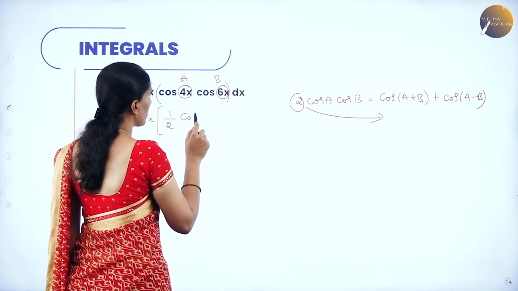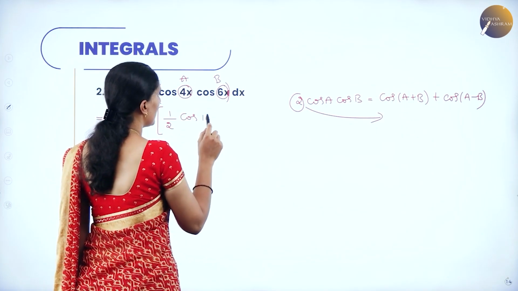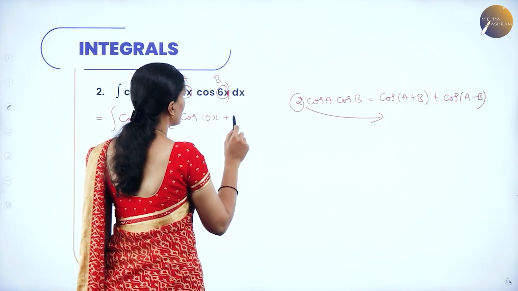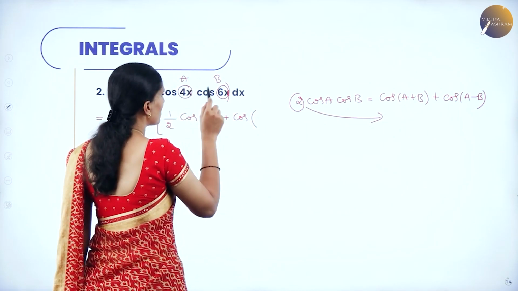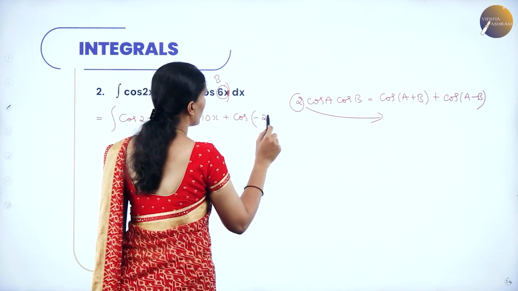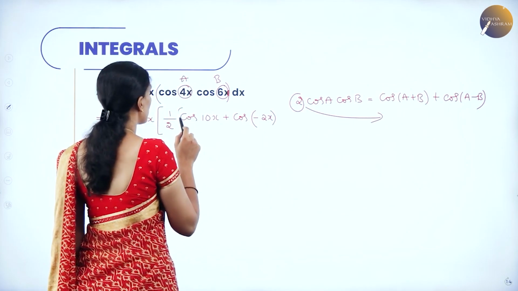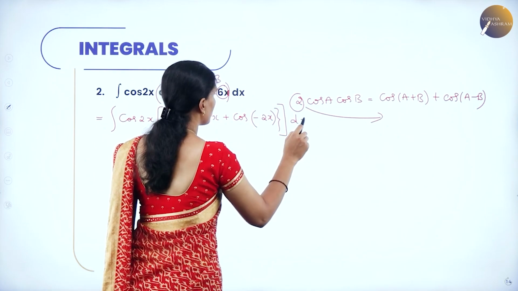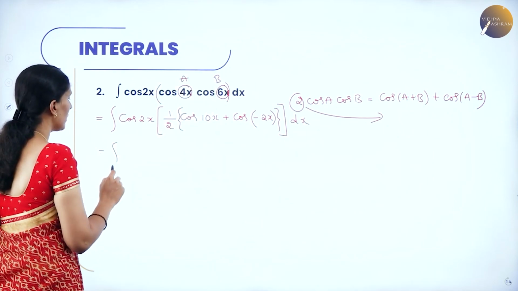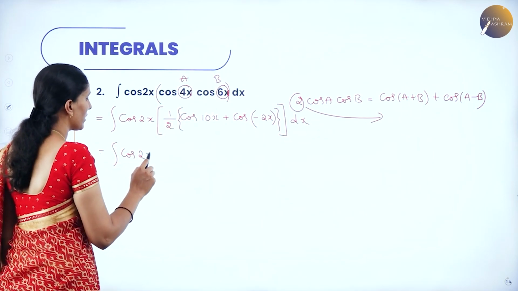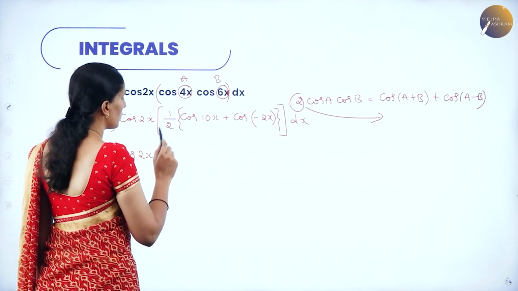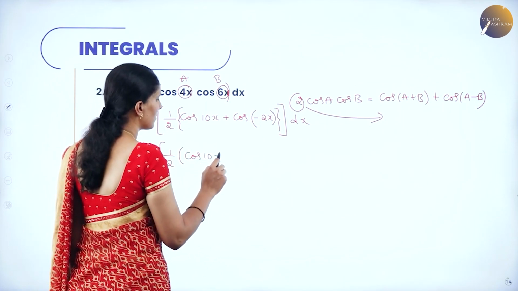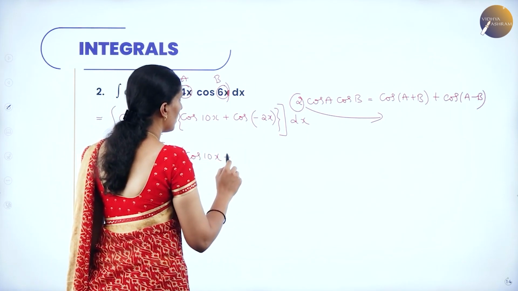So it becomes cos of 4x plus 6x, which is 10x. Next we have plus a minus b, that is cos of 4x minus 6x, which becomes minus 2x, into dx.